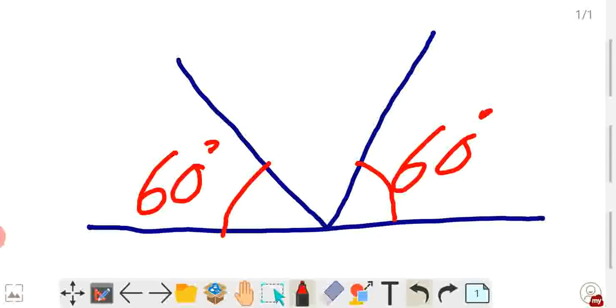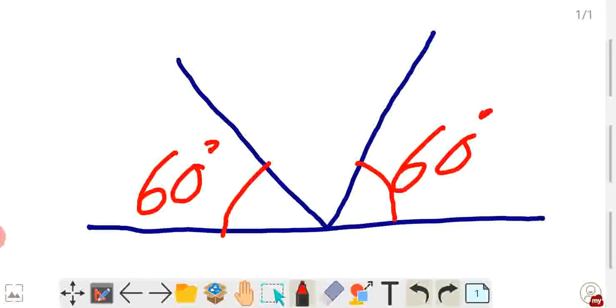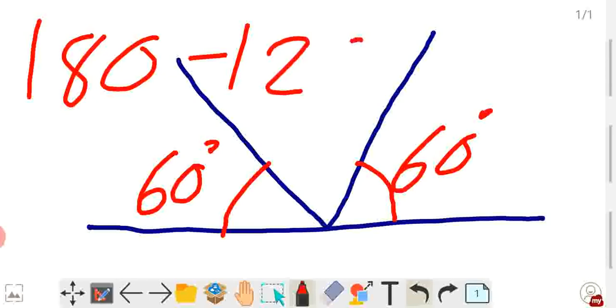What could be the value of the middle angle? Here there are three angles. We know that the total angle is 180 degrees. How do we calculate this middle angle? The right step is, we first add the two angles, that is 60 degrees plus 60 degrees is equal to 120 degrees. Then we have to subtract this 120 degrees from 180 degrees, that is 180 minus 120 is equal to 60 degrees.